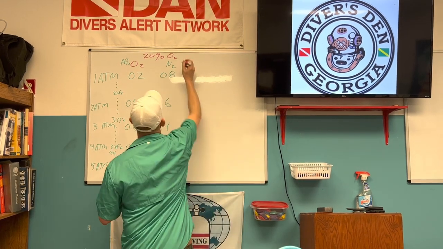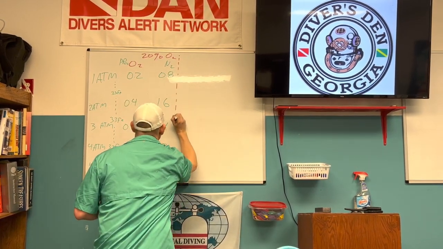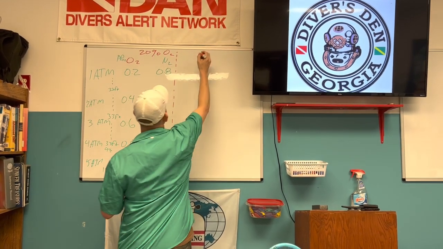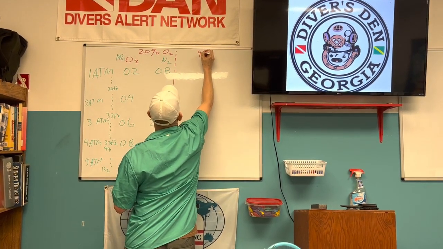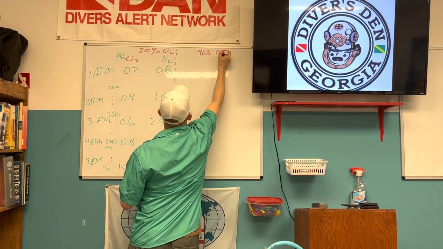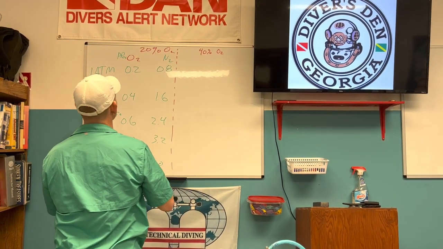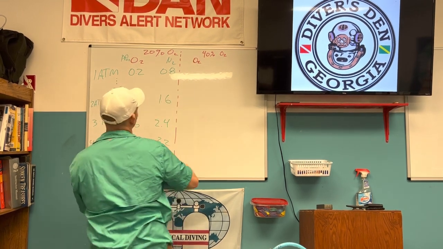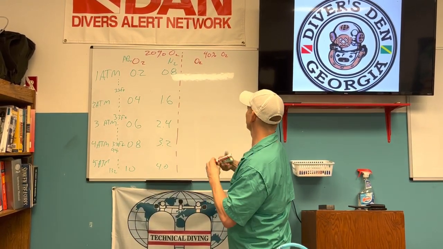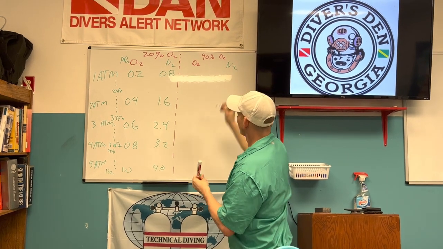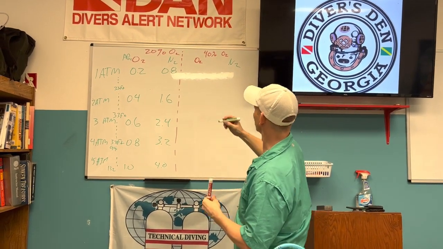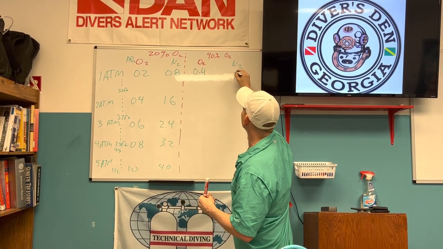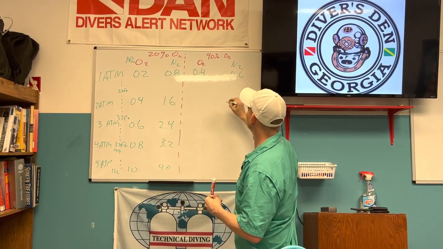So let's look at a gas with a lot more oxygen. The maximum we're allowed to do as recreational divers is a 40% oxygen mix. So my O2 and my nitrogen: at 1 atmosphere, it's going to be 0.4 and 0.6.